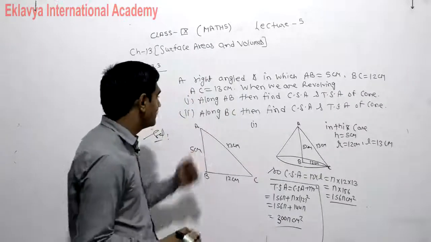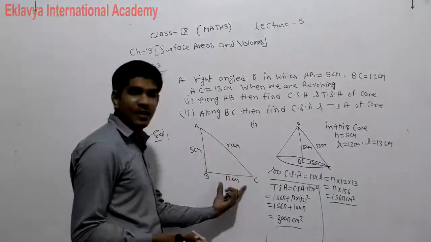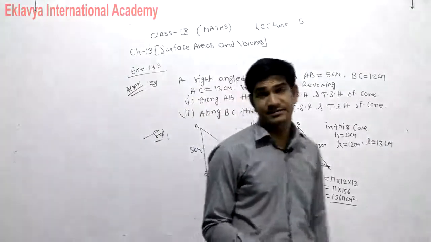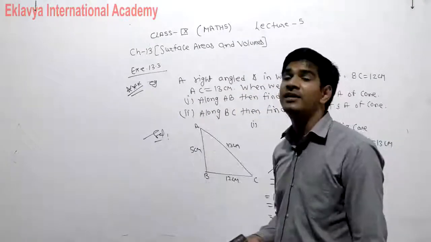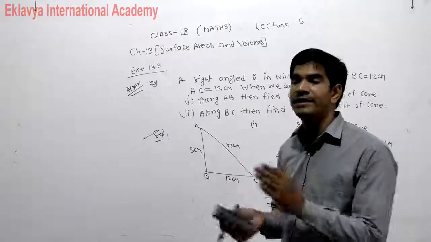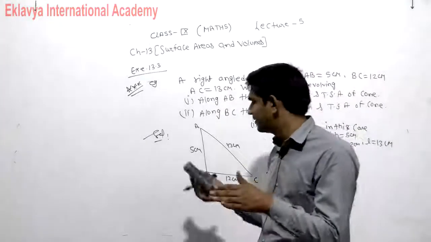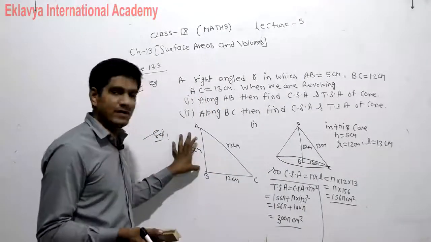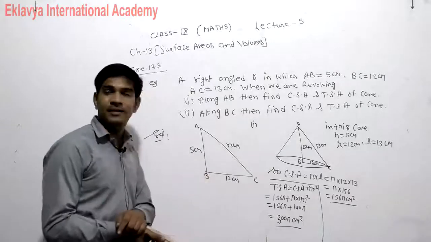Understand the first part. Now the second part: revolving along BC. So BC becomes the height of the cone and AB becomes the radius of the cone. You can also see this practically with the help of paper, why if we are revolving along AB, AB becomes the height and BC becomes the radius.